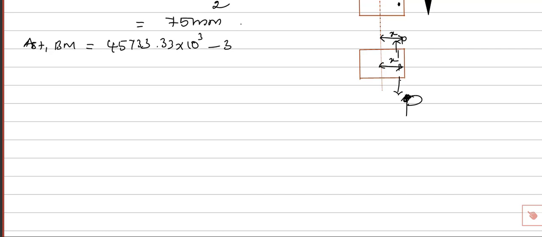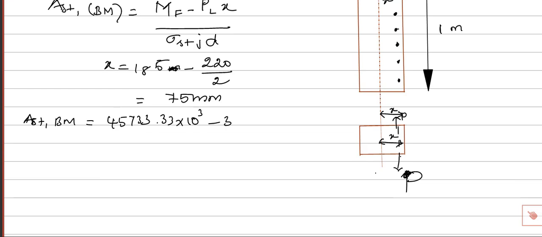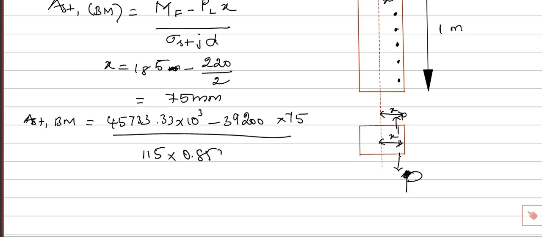That P we have found in step 4, direct tension on short wall, 39,200, into 75 divided by sigma ST is equal to 115, J is equal to 0.853, and D is equal to 185, the effective depth.